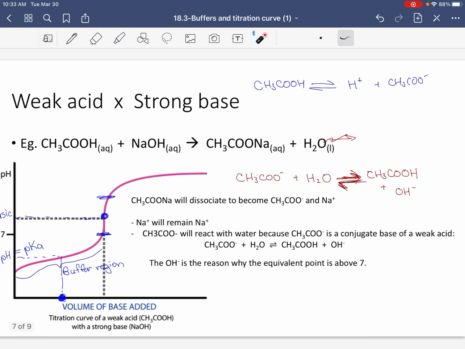Sort of like the opposite of the last slide. Hopefully you understand that. Now, what if you do this when you take a weak acid and a weak base and you put it together? So you have acetic acid reacting with ammonia. Well, this is where it kind of counteracts, okay?